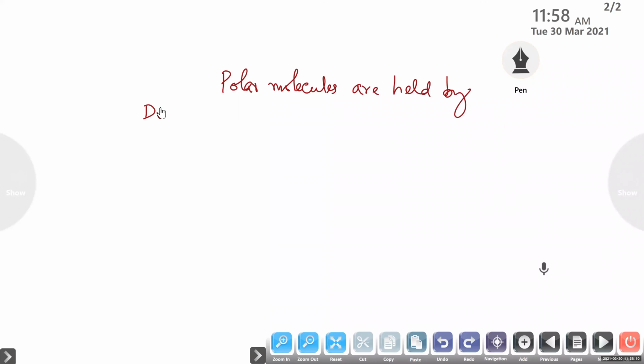They are dipoles, both are dipoles. Dipole-dipole interaction, attraction.